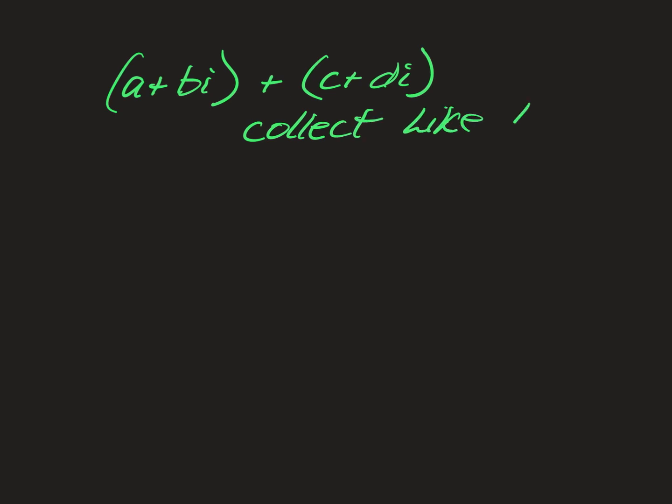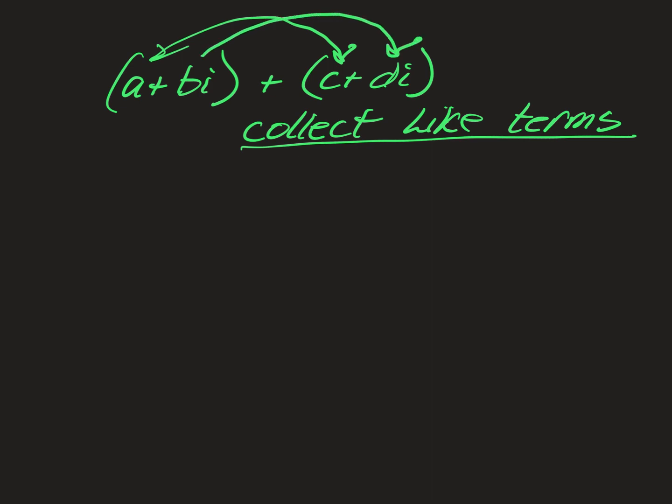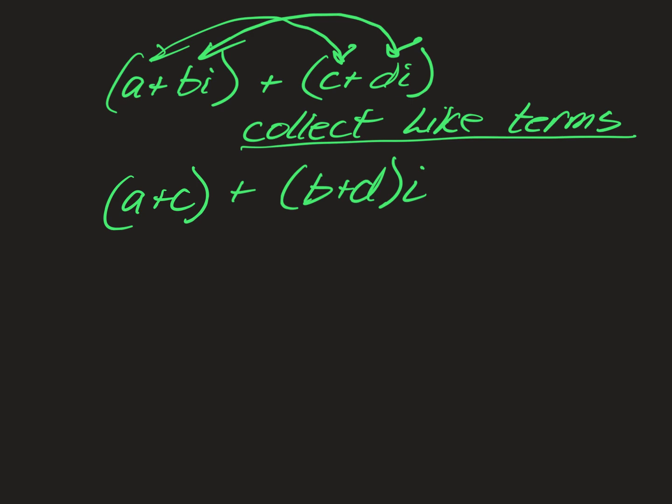To add and subtract complex numbers, all you have to do is collect like terms. We collect the real parts together, which is the a and the c, and we collect the imaginary parts together, the b and the d. So in other words, this becomes a plus c plus b plus d times i.